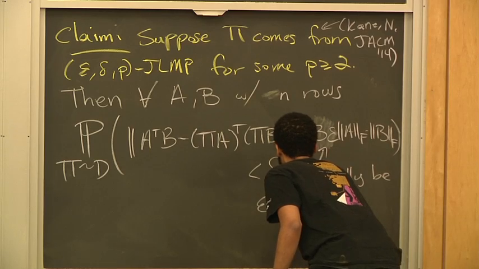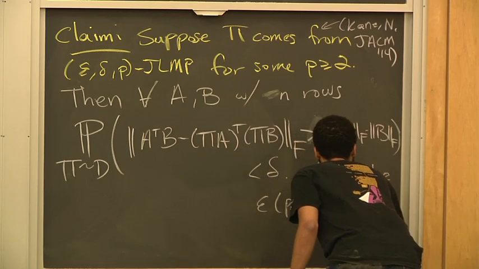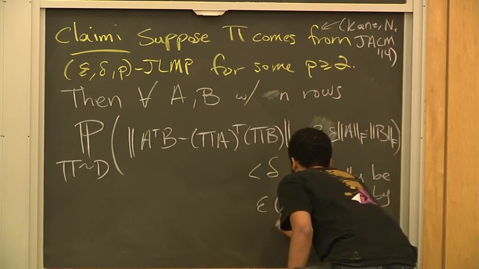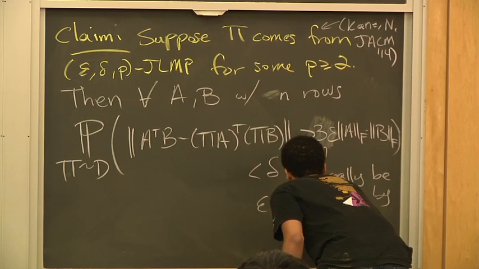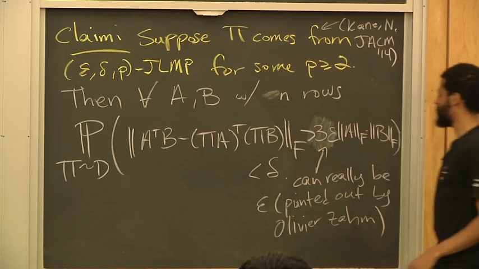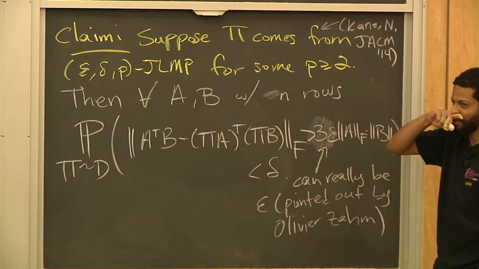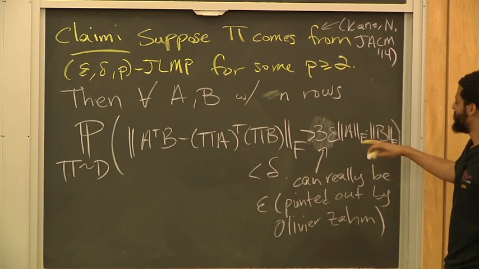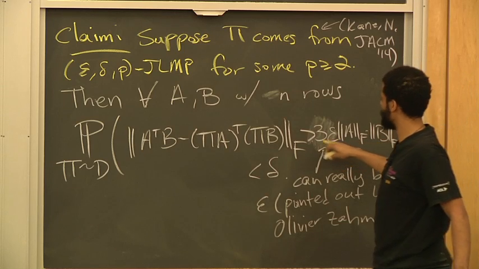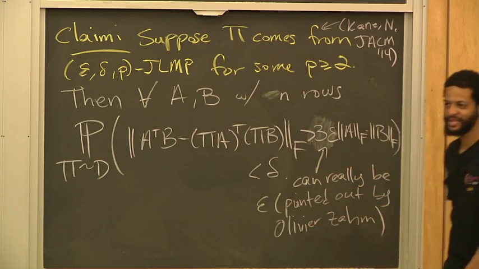This was pointed out to me by Olivier Zahn. At some point in the paper, Daniel and I were just really sloppy with triangle inequalities. But if you do this properly, you don't actually lose in terms of epsilon. Maybe I'll make that a homework problem.